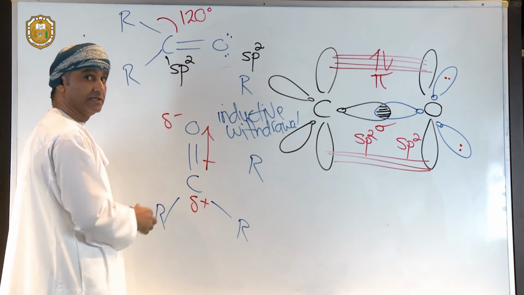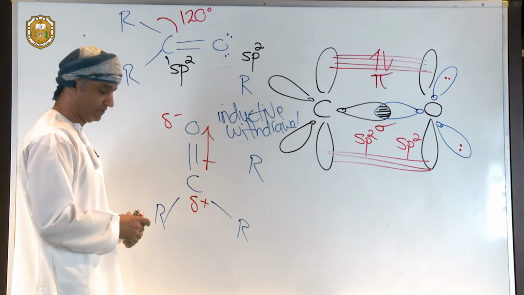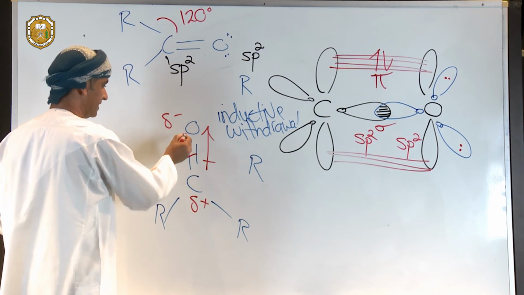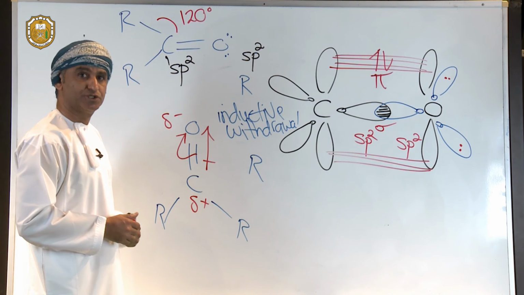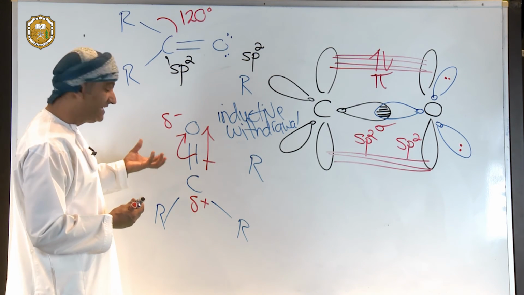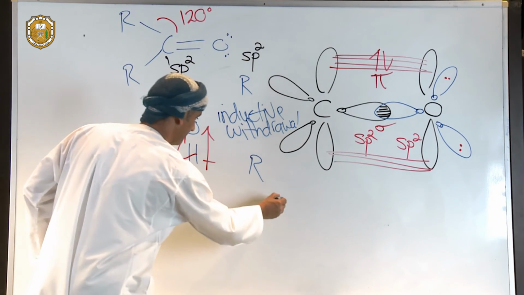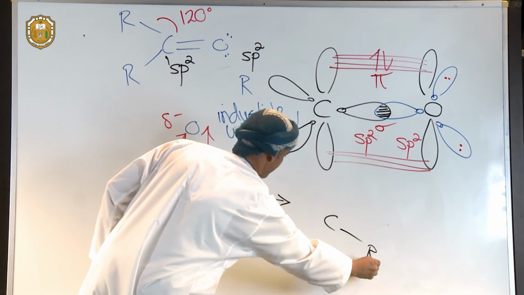Now, not only is inductive withdrawal a reason behind the electrophilicity of carbon, it is also resonance. So we can actually draw a resonance structure, something like that. We break a carbon-oxygen pi bond and release the 2 electrons onto oxygen. And therefore, we can draw another resonance structure.